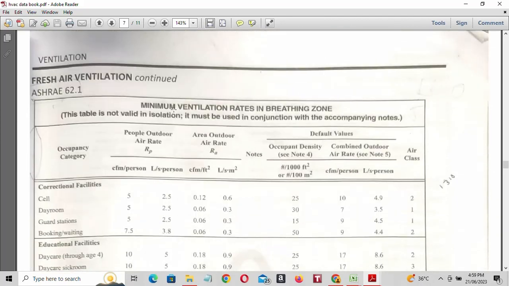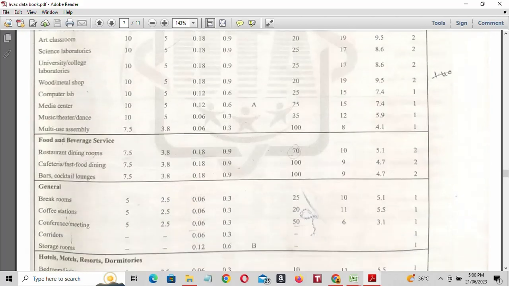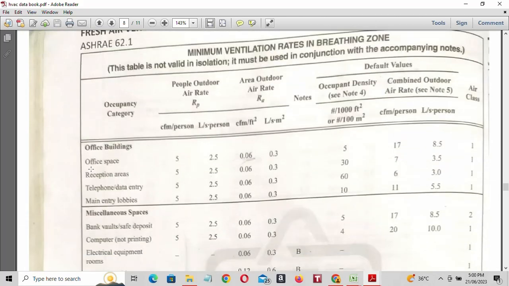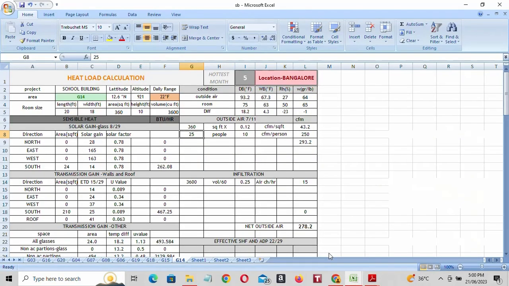See, we have to check here minimum ventilation rates in breathing zone. Okay, so our area is office. So office space. Okay, here, no, sorry, here these 25 people, our location is classroom.